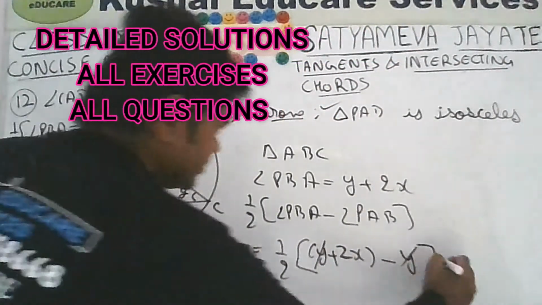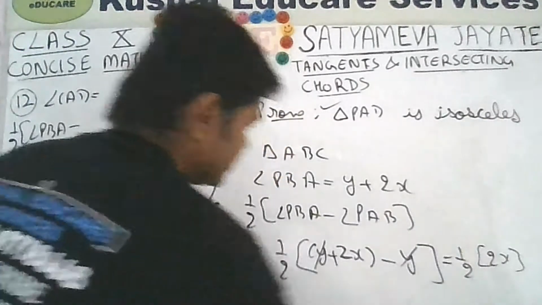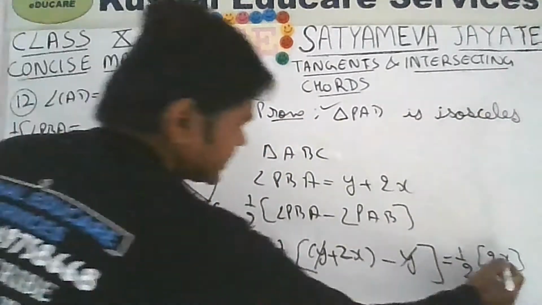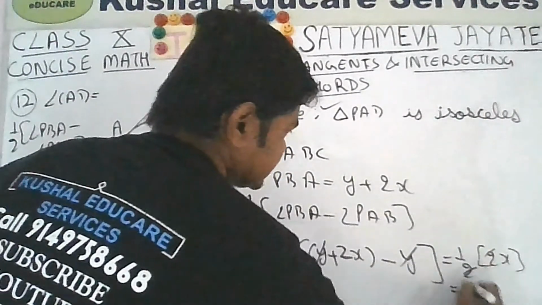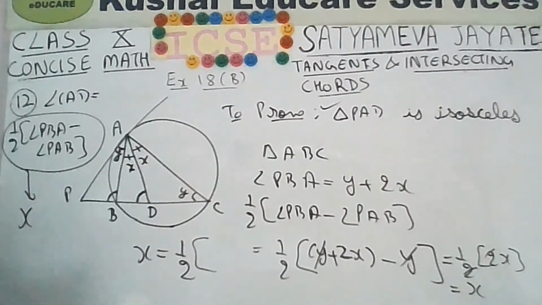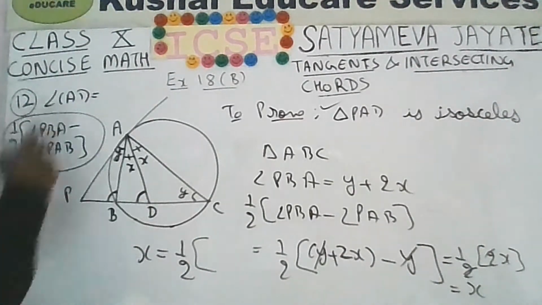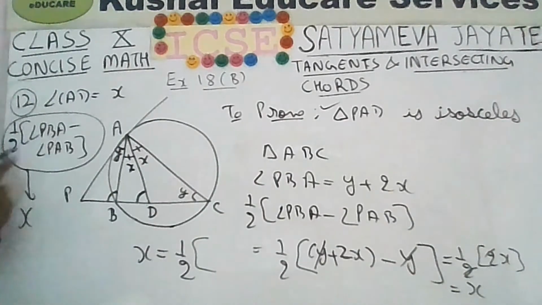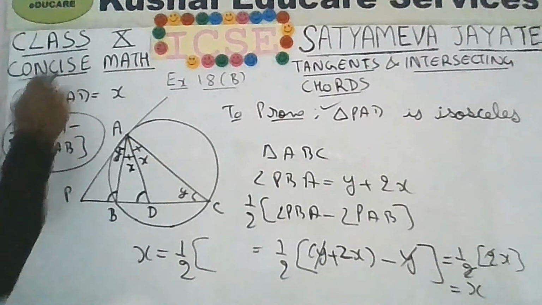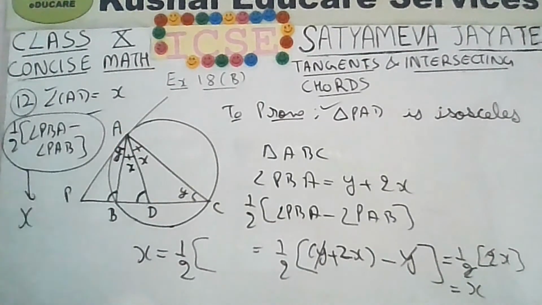You will get 1/2 of 2x. So this 2 will also cancel out. You will get x. And you know that angle CAD is also x. Hence both of these are equal. So we can say that angle CAD will be equal to 1/2 of angle PBA minus angle PAB. Like this you can prove.